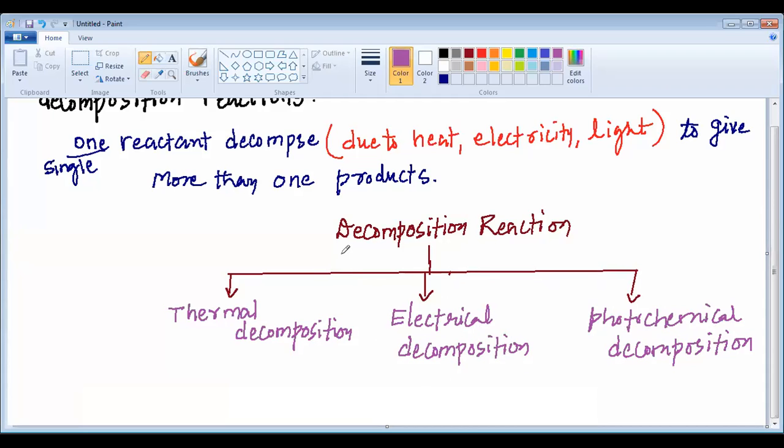So these are the three major types of decomposition, my dear students. Now, why do we have these three types? Thermal decomposition takes place due to heat, the decomposition on heating.